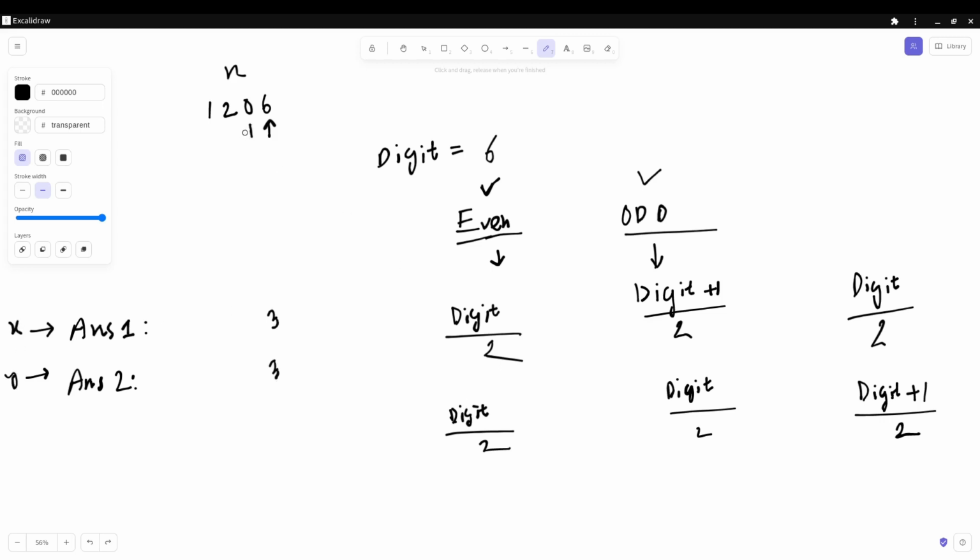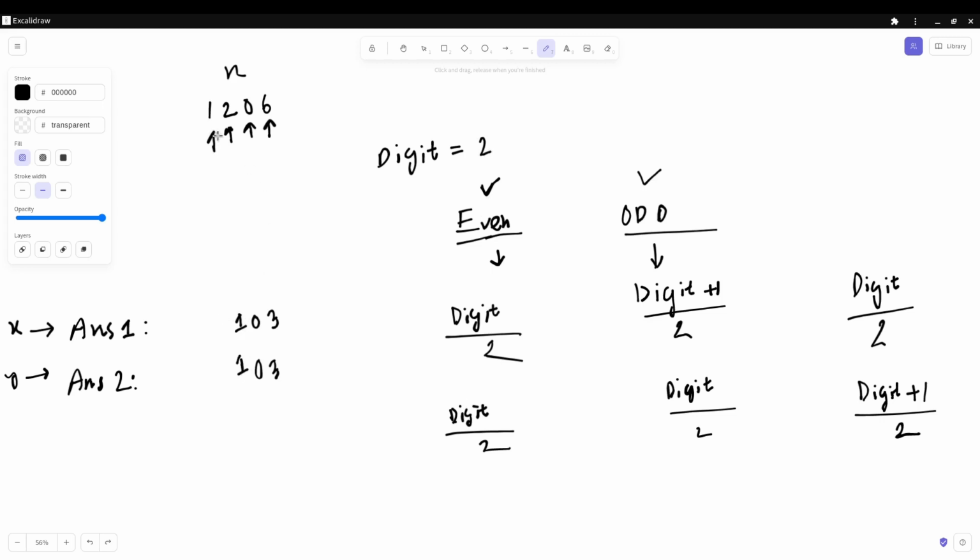Now we go to the next digit, which is 0. 0 is even, so 0 divided by 2 is 0 and 0 divided by 2 is 0, so we give 0 to both x and y. Now the digit is 2, which is again even, so 2 by 2 is 1 and 2 by 2 is 1.